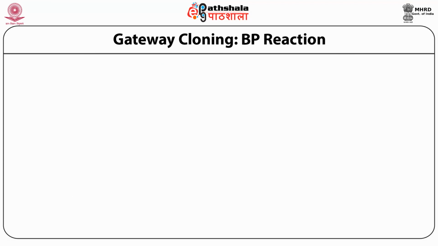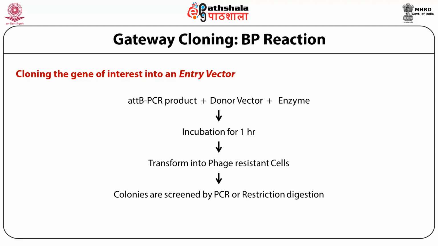The very first reaction of gateway cloning is also called the BP reaction, which in general means cloning of a gene of interest into an entry vector. This is the first step in gateway cloning, where we amplify our gene of interest, which contains attB DNA sequences. Also, we have our donor vector and the enzyme that allows the recombination process.